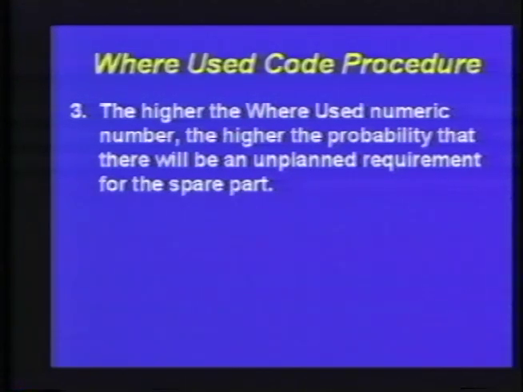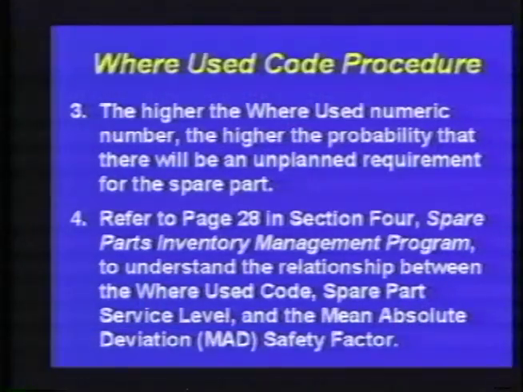So what I'm doing now is cross-referencing this section 3 to section 4, and especially to page 28, which identifies the relationship between the where used code, the spare part service level, and the mean absolute deviation to develop the type of inventory that we want to carry in stores for future unplanned requirements.